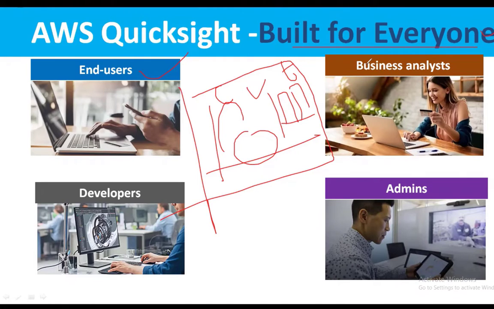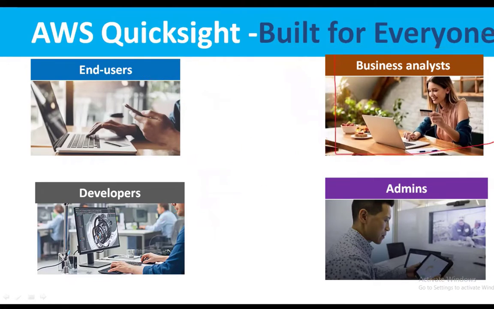Business analysts basically create these dashboards by using AWS QuickSight, and they give those dashboards to the end users so that end users can see them and make decisions. Developers try embedding these visualizations into apps.